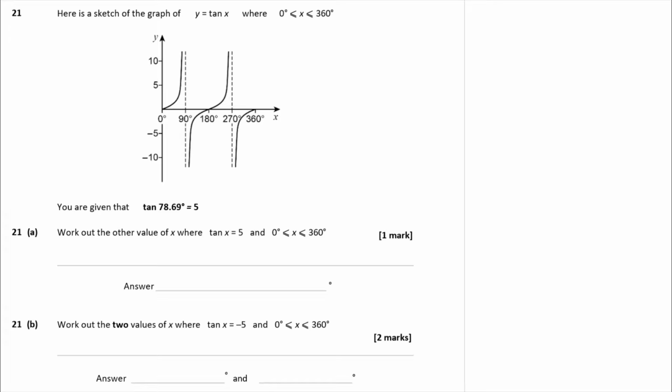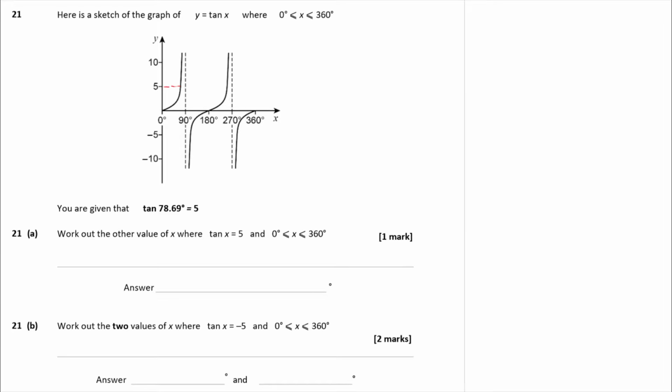Okay, so reading across from 5, you can see it hits the curve in 2 places down here. Now we know that this one down here is the 78.69 one. So if we want the other one, it's going to be one period of tan's difference between there and there, which is 180 degrees. It repeats every 180 degrees, doesn't it, tan?